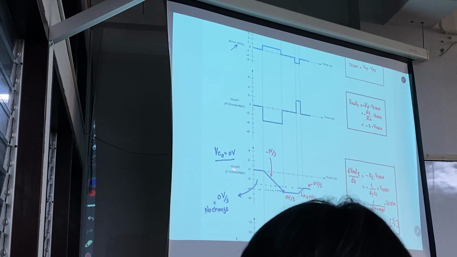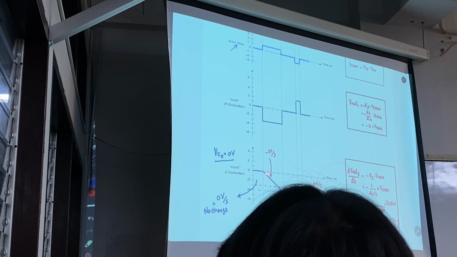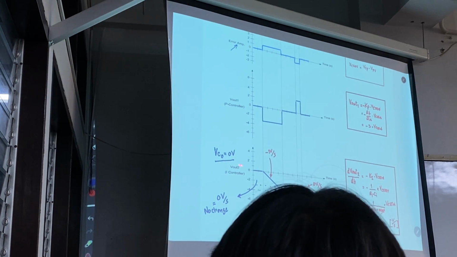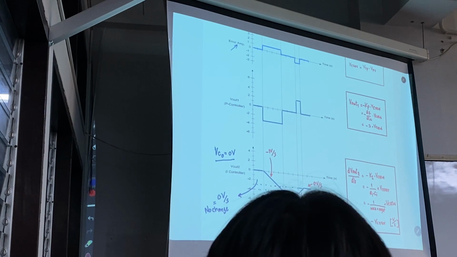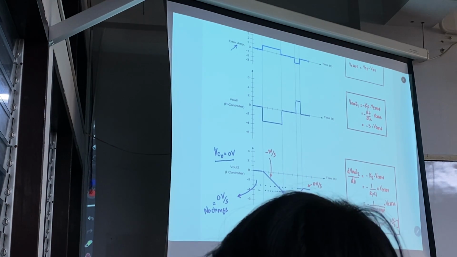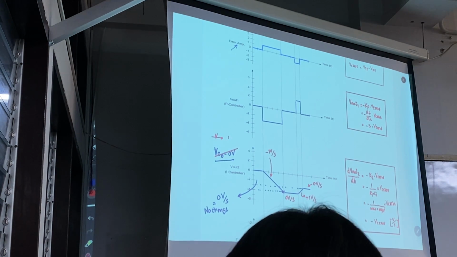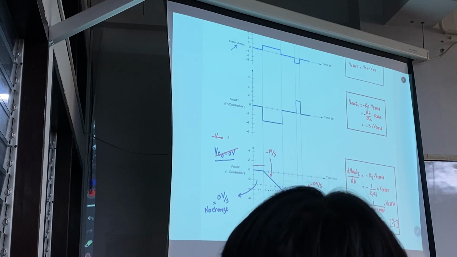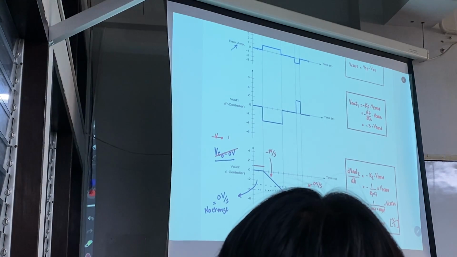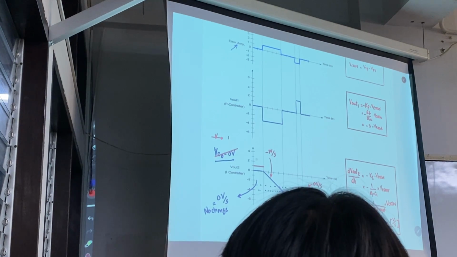So for example, if you have the starting point at 0 volt, you continue at 0 volt. But if, for example, V0 is equal to 1 volt, you will have something like this. Do you understand? So it also depends on the previous voltage.